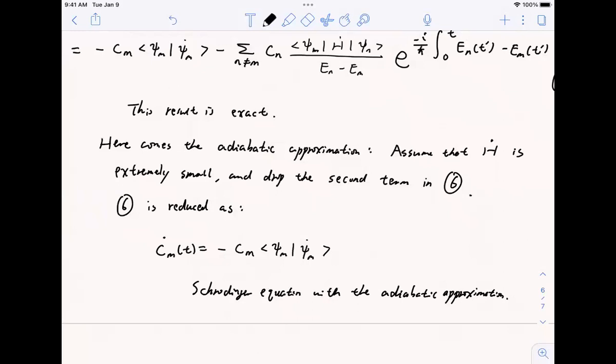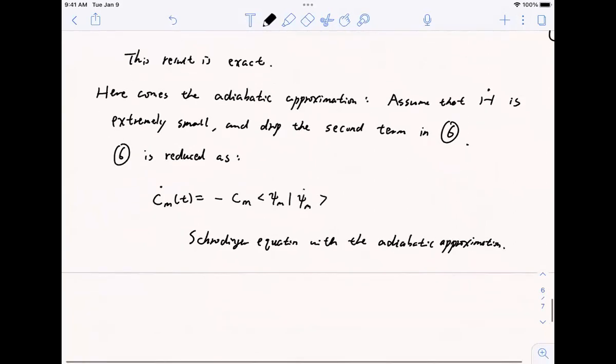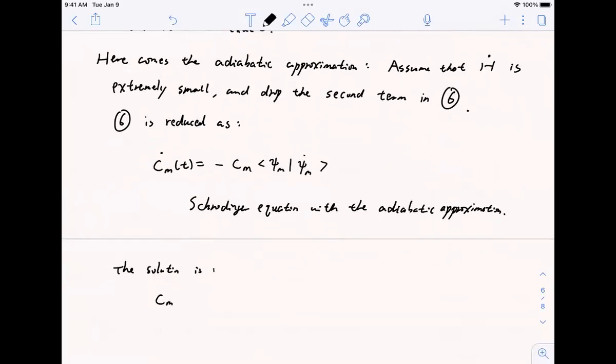And this one can be solved. So how do we solve it? The solution is Cm(t) equal to Cm(0), this is the initial condition, and then with the phase factor gamma_m(t).